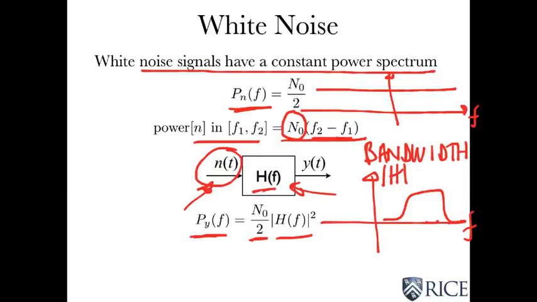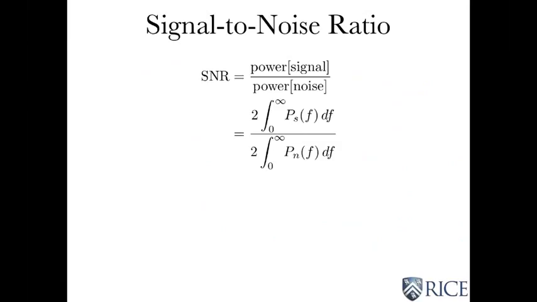So the beginnings, though, start with white noise because it's very, very easy to deal with. Now, in analyzing communication systems, the bottom line measure of quality is the signal-to-noise ratio. So the idea is that we're going to wind up, in almost all cases, with a signal plus noise.